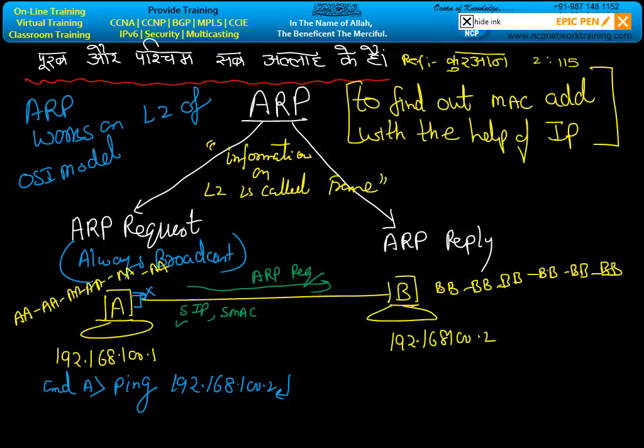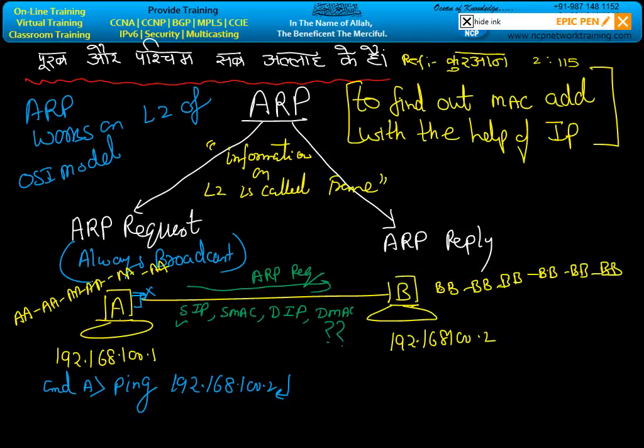The MAC address of machine A is AAAA, 12 times. Source machine A also knows the IP address of the remote machine, the destination IP, but the destination MAC is not known, that is unknown.